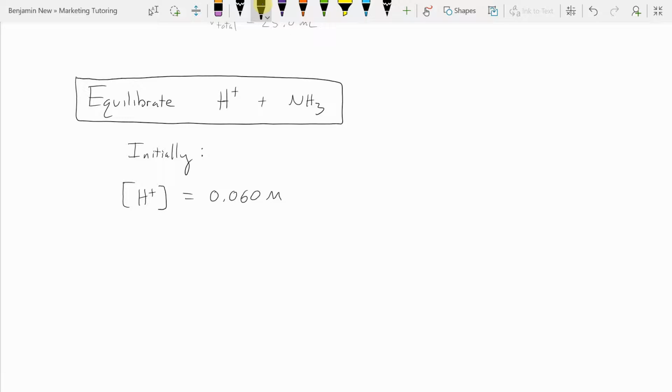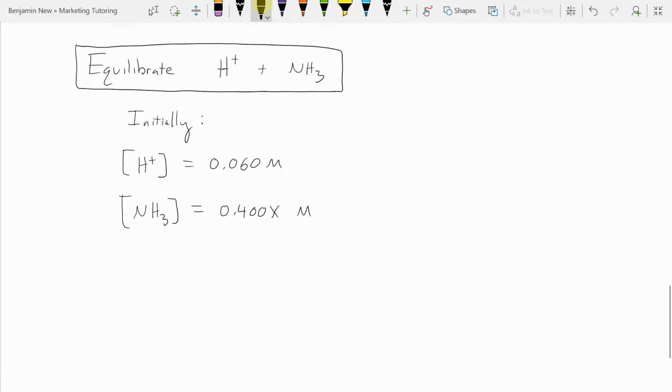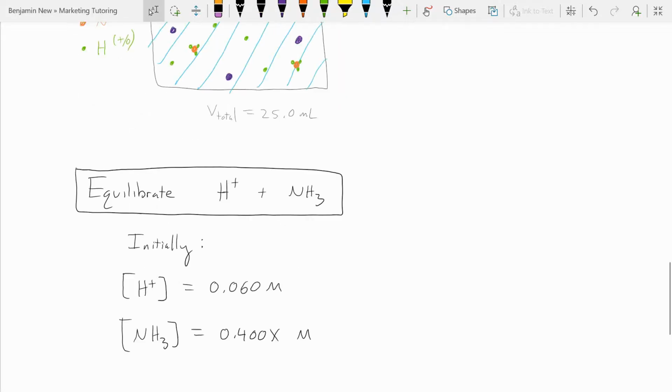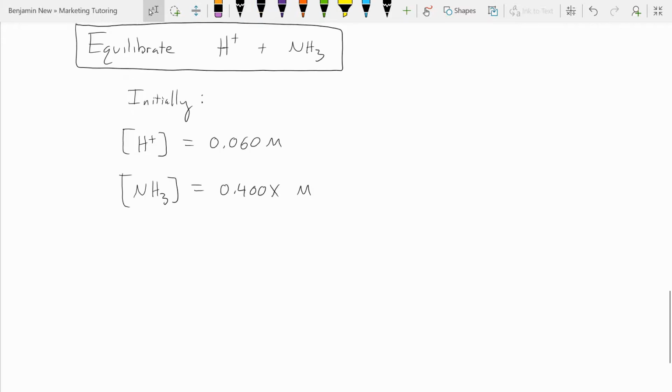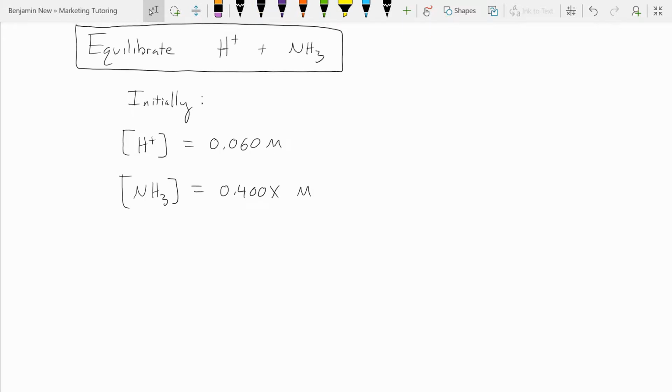What else do we have? We have an initial concentration of ammonia of 0.400x molarity. And then the water concentration. We know the chloride ion concentration actually isn't going to come into play, and I will show you why.